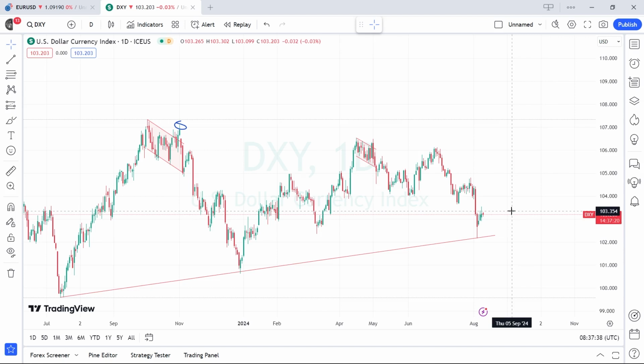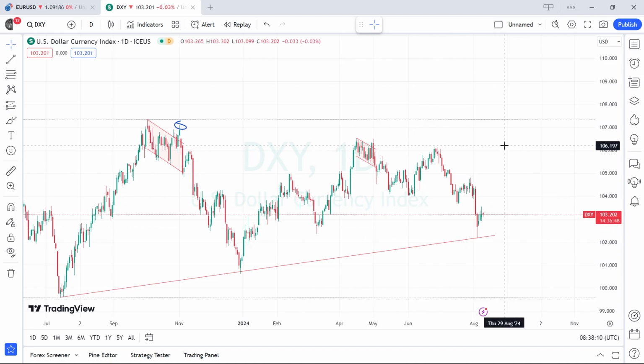And then another reason is as these other economies, like the Eurozone, the UK, Canada, New Zealand, Australia, start cutting their interest rates, that will make their currencies weak. And due to how currency strength is determined and how these things are paired, the weakness of one is the strength of the other. So if these other currencies are going to be weakening, the dollar, of course, will be strengthening during that time.